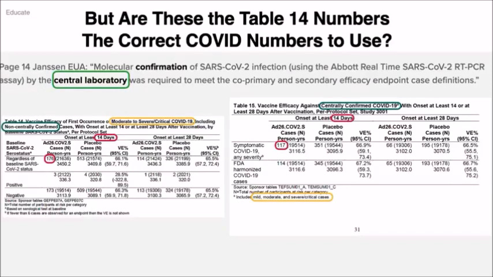They didn't make as many diagnoses of COVID. In the placebo group, 513, but in the central core lab, no, there were only 351 who met the definition. At 28 days, non-central, everybody, 114, but the central core lab said nope, nope, 66.